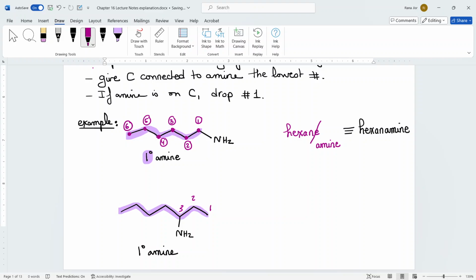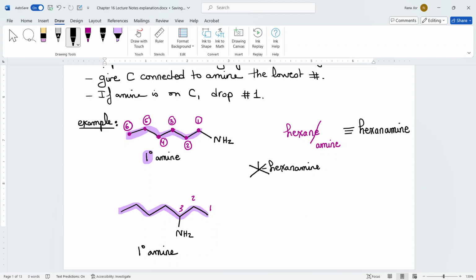Okay, notice here that my amine was on carbon number 1, so I did not say 1-hexanamine. Okay, drop the 1, don't say 1, because the name will be wrong. Make sure that you drop the 1.